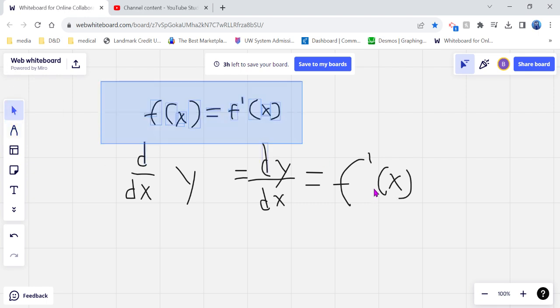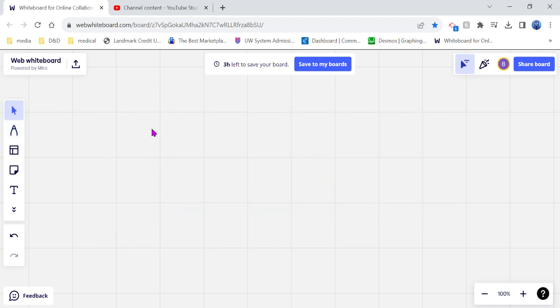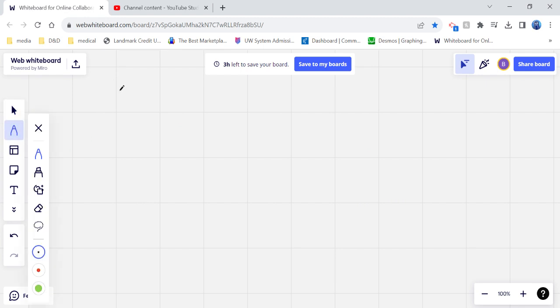But now that's out of the way, let's focus on how we can find these functions.